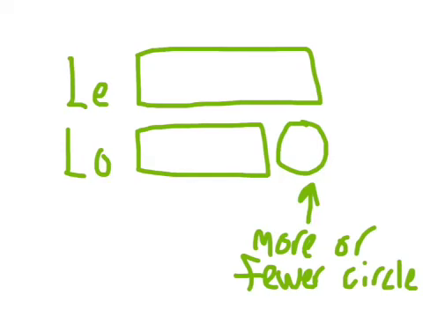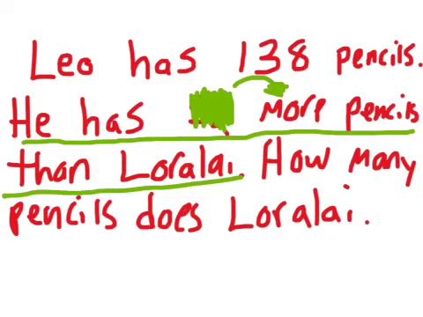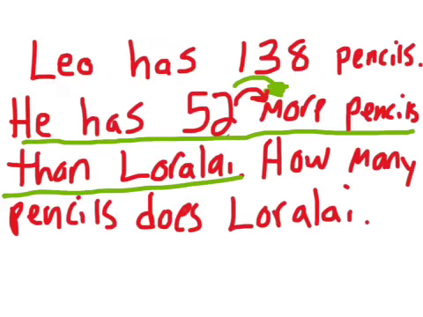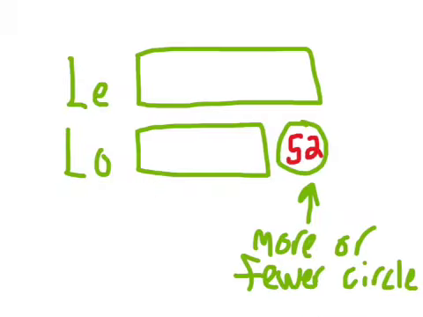So, if I go back and I get rid of this that was here, it was a 52. I'm going to put 52, because it's the word before more, into the more or fewer circle. I also know that Leo has 138 pencils. So if I go over here, Leo has 138.